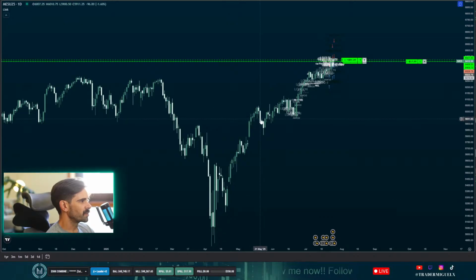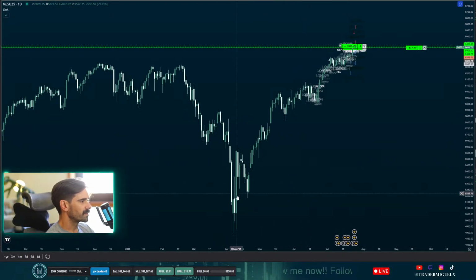The only big retrace that we had here was this one, 2 straight bearish days, and that's it. And yeah, this was very hard to trade because of volatility.